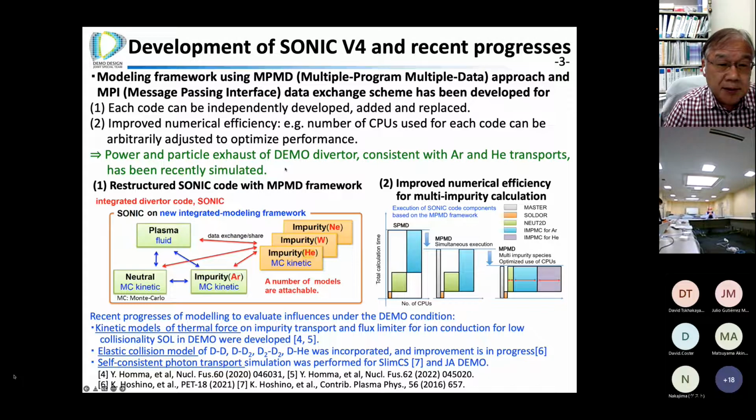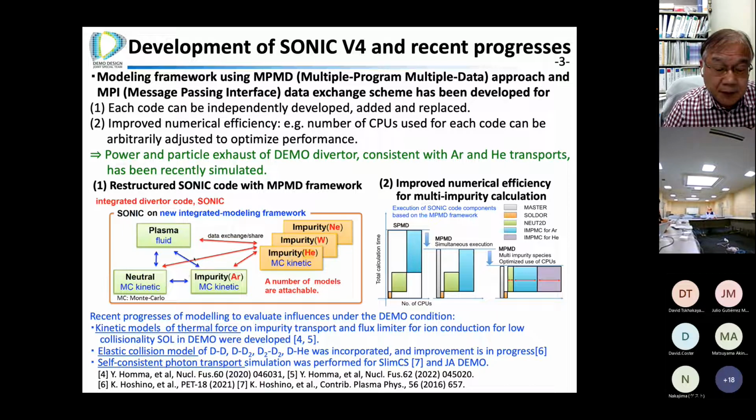SONIC is like the SOLPS code, an integrated divertor code. The plasma calculation is a fluid code, and the neutral and impurity calculations are a Monte Carlo kinetic code. A recent development of SONIC is a modeling framework using the MPMD approach, and an MPI data exchange scheme has been developed.